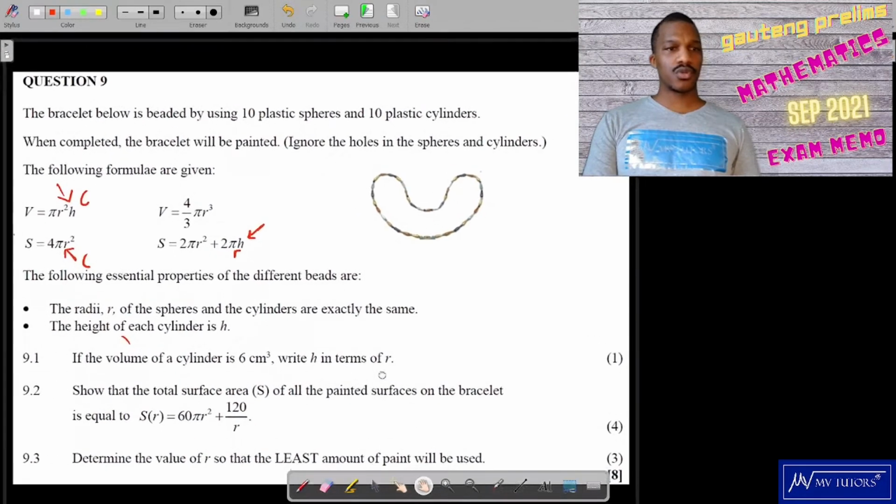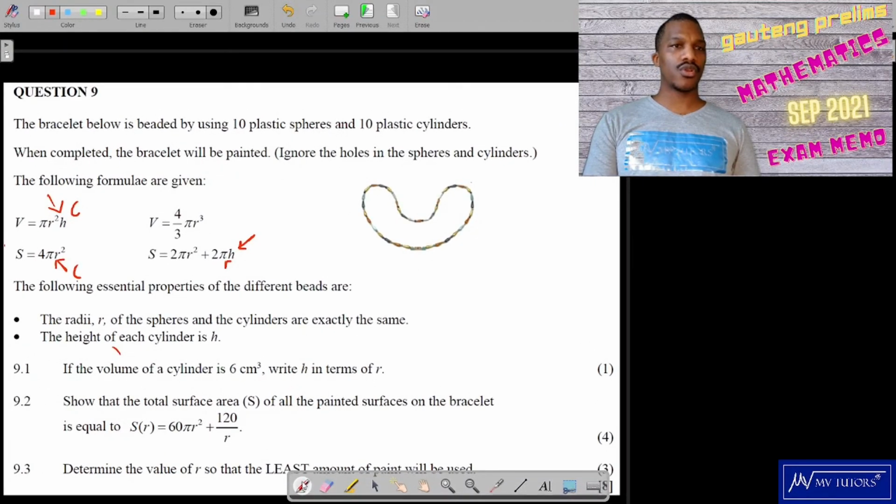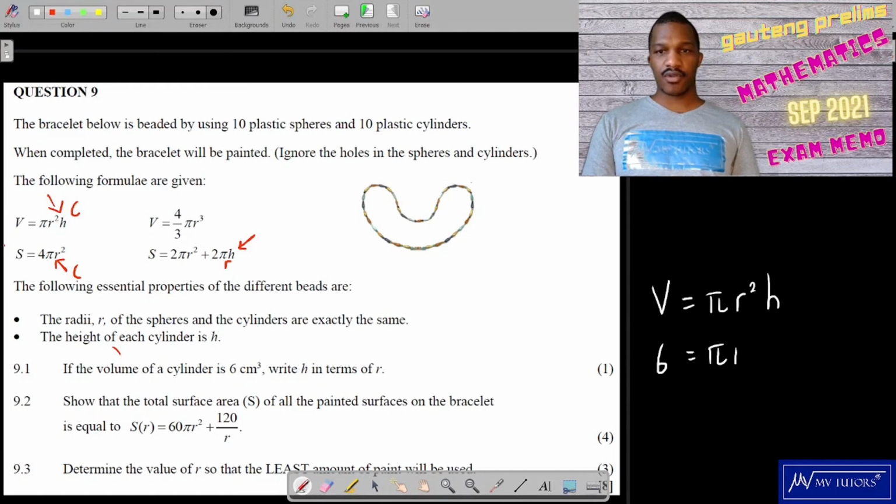Okay, cool. So that requires you to know which one is the volume of a cylinder. So the volume of a cylinder is pi r squared h, and they want us to solve h in terms of r, where the volume is 6, so we'll put 6 as the volume, and then all that's left now is just to do mathematical gymnastics.